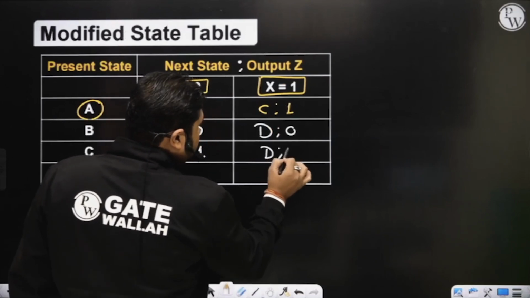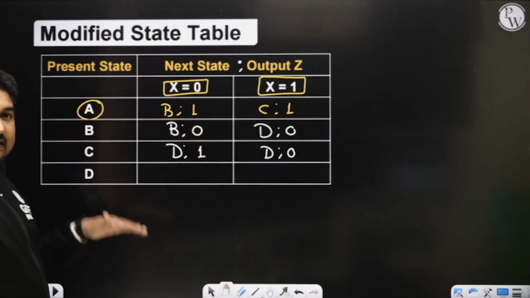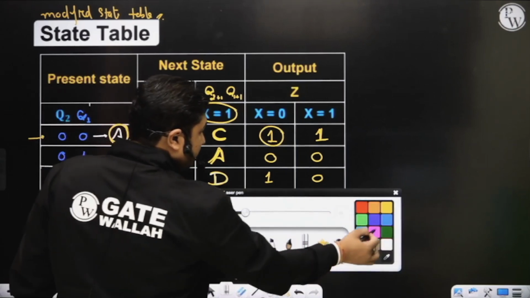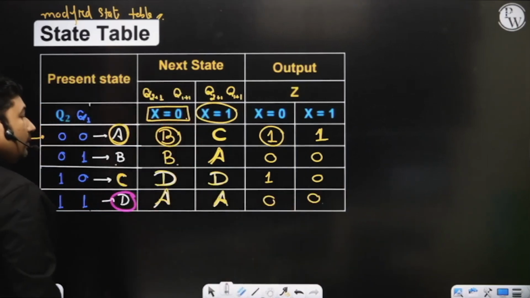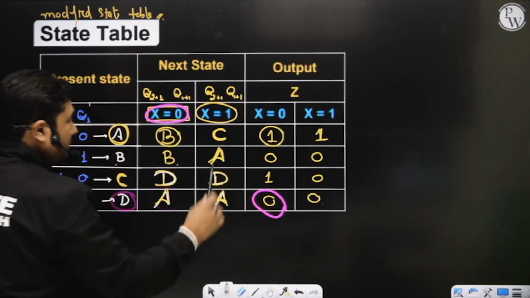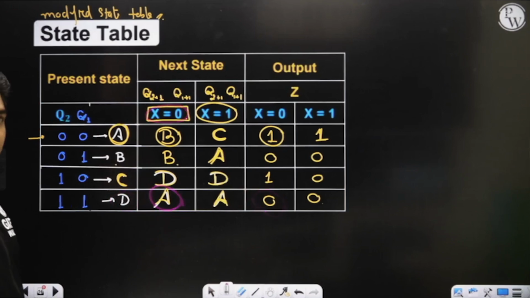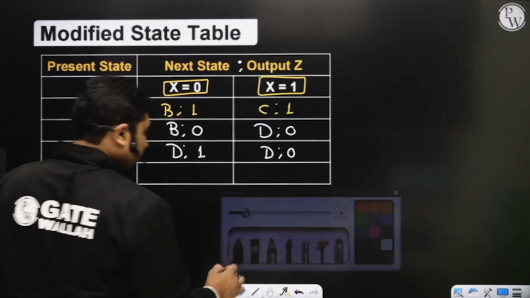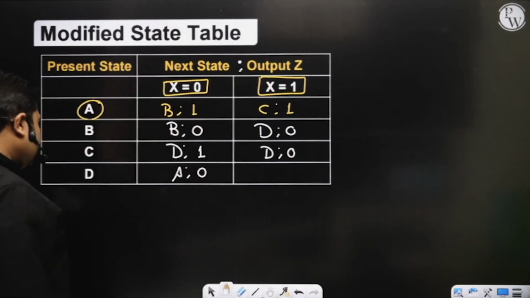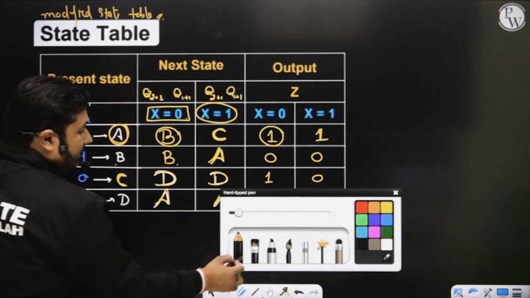Present state D with X equals 0: next state A, output 0. So A comma 0.